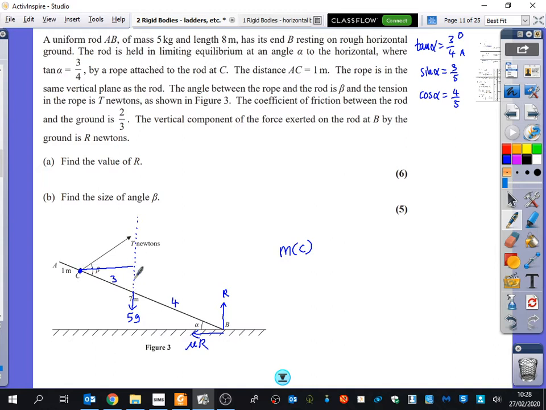If I draw this triangle out again, we have along here, down, along here. This is 3. What's this angle over here? Alpha, because these are alternate angles, and the hypotenuse of this is 3. The distance we're interested in is here, D. What is that distance?